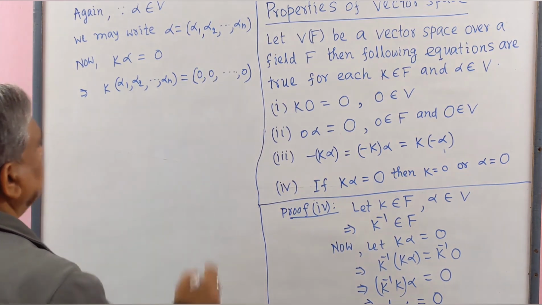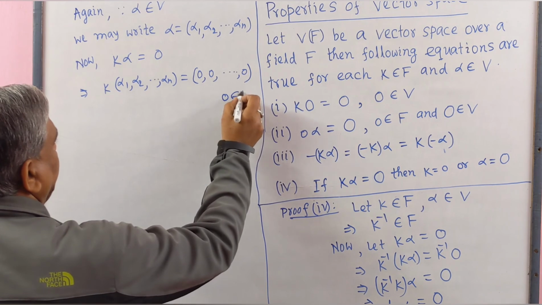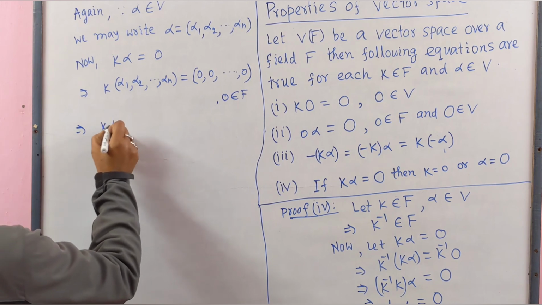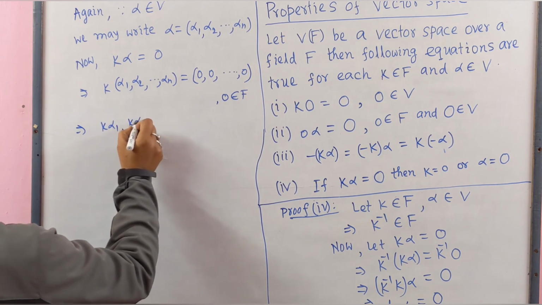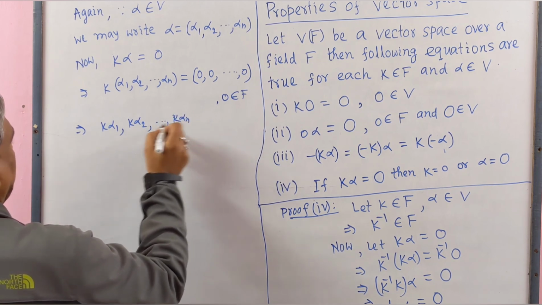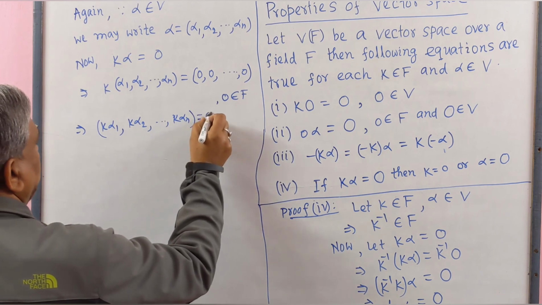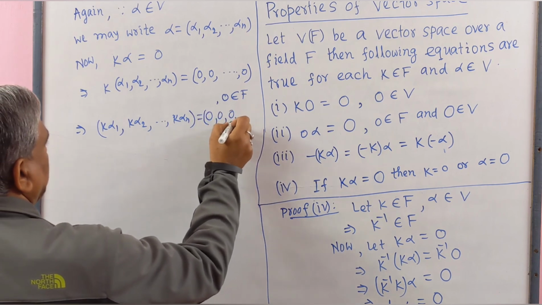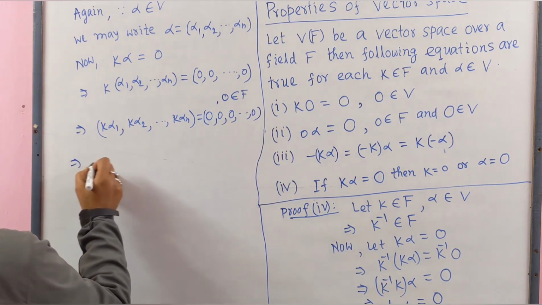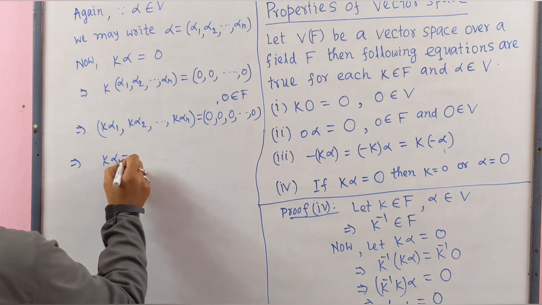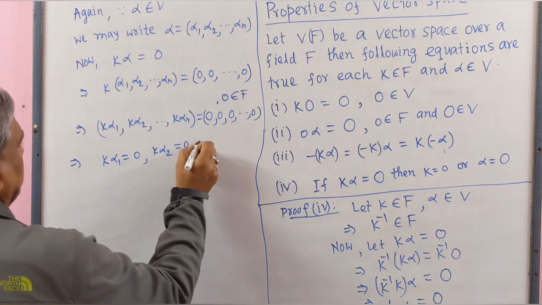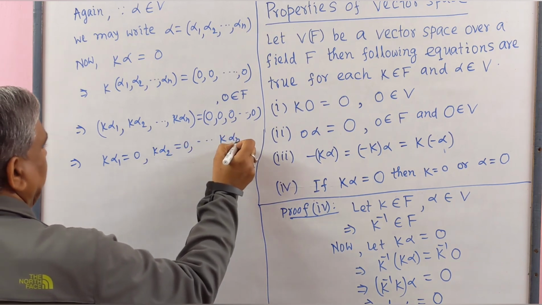This 0 belongs to F, which implies that (k alpha 1, k alpha 2, ..., k alpha n) equals (0, 0, ..., 0), which implies that k alpha 1 equals 0, k alpha 2 equals 0, ..., k alpha n equals 0.